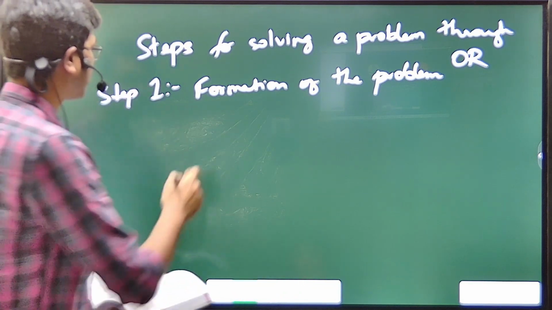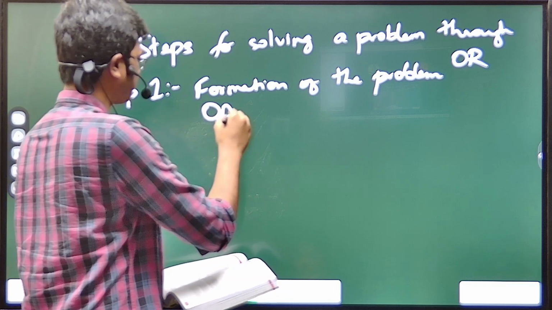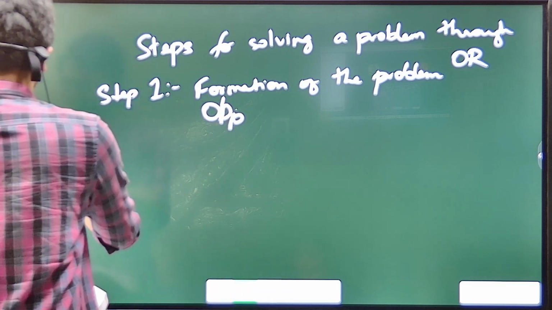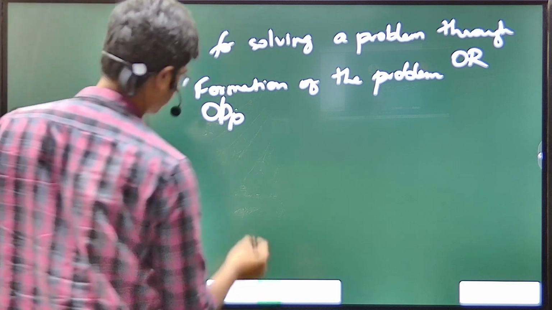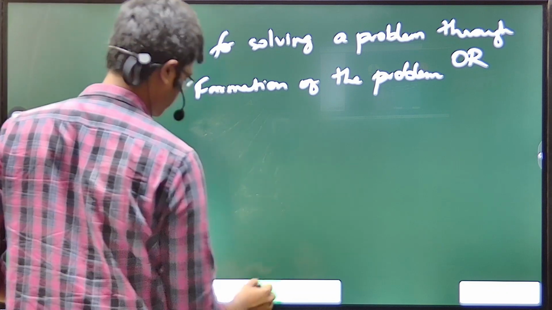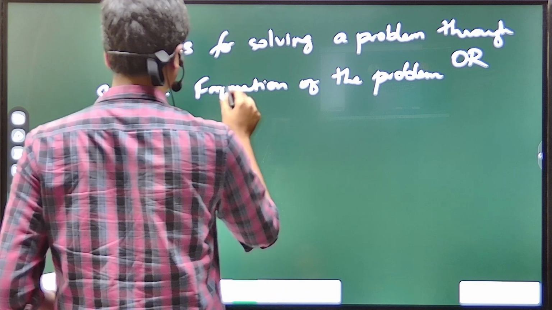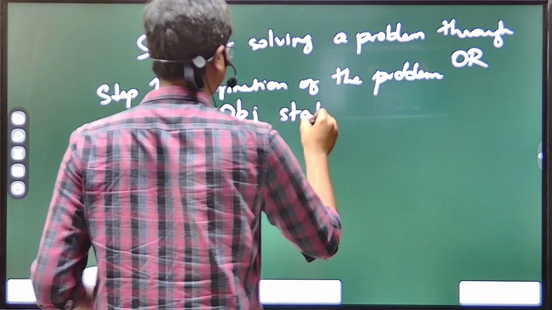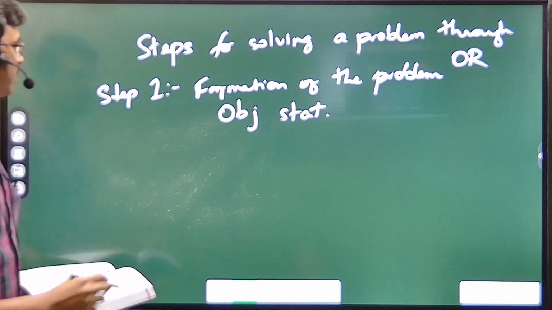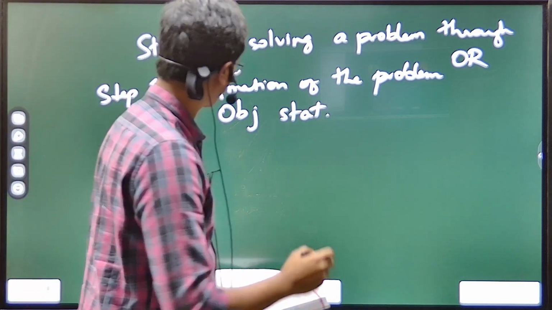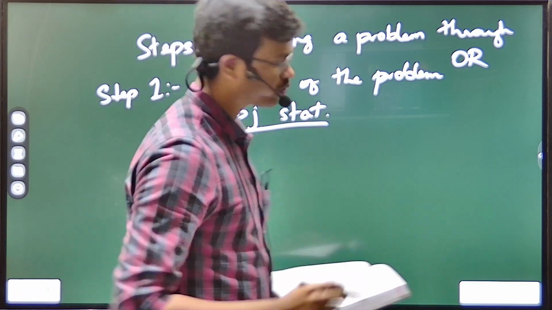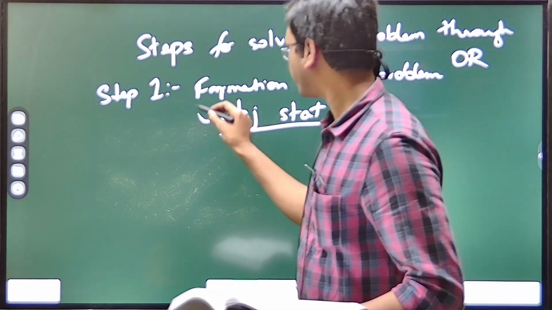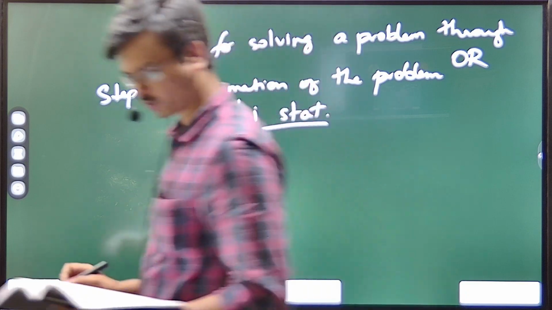That is called our objective statement. So this is the problem. We have to look at what he wants us to do using the given data, and that statement will be our problem statement.